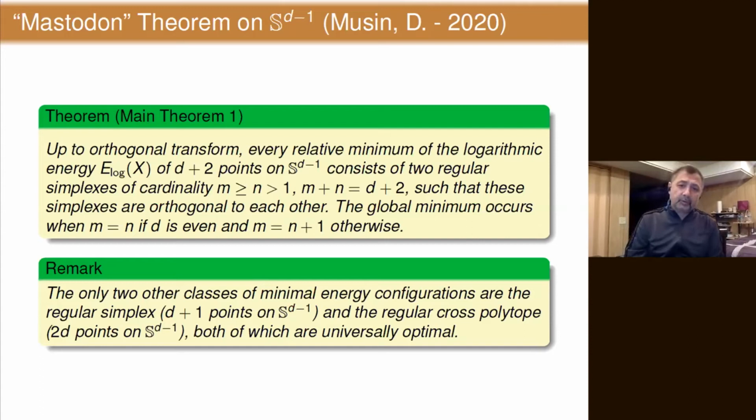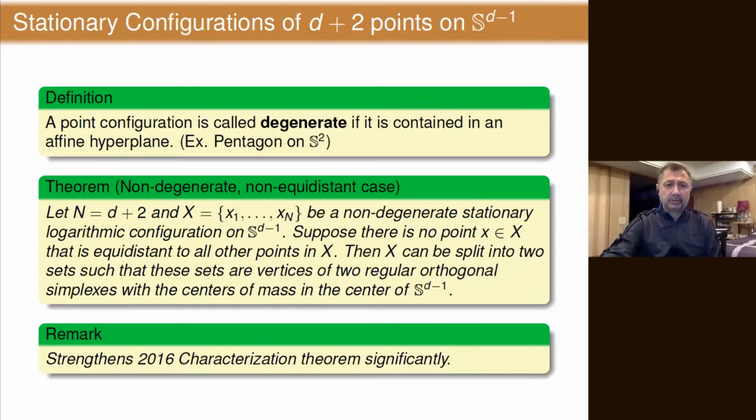But they both are universally optimal, and their universality implies the minimization for the logarithmic energy. So in some sense, this is the third class of points, number of points in any dimension on the sphere that minimize the logarithmic energy. Now, a point configuration is called degenerate if it is contained in an affine hyperplane. And again, think the pentagon in S2.